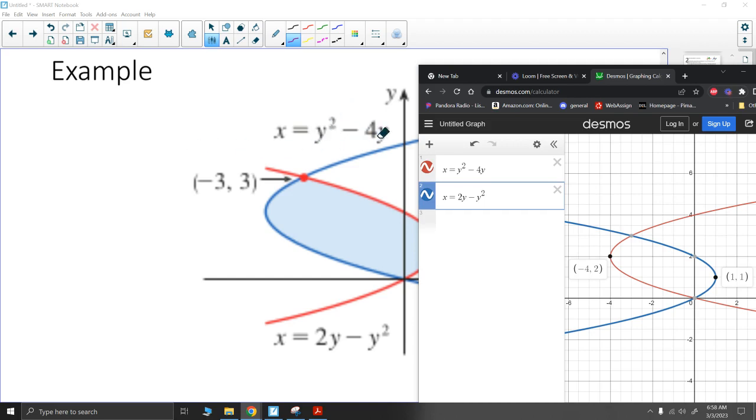But this is y squared minus 4y. There's no easy way to solve for just y, to isolate our y, because we have y's of different values here. Same thing over here. We don't have an easy way to get y by itself.